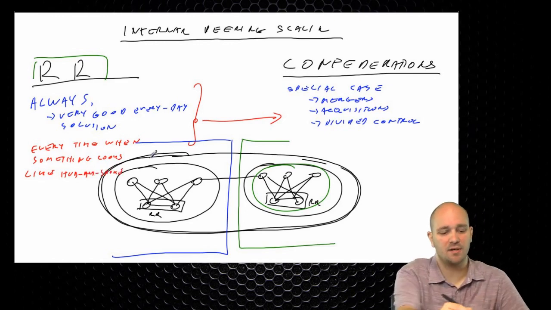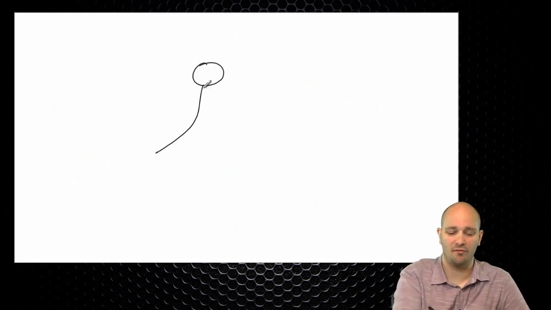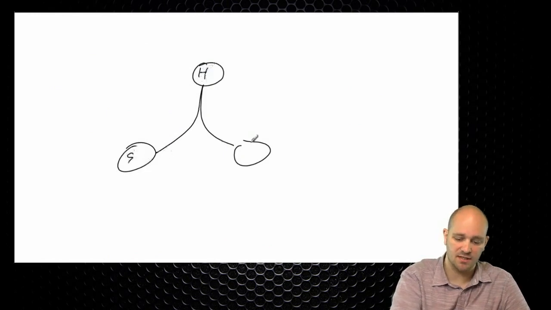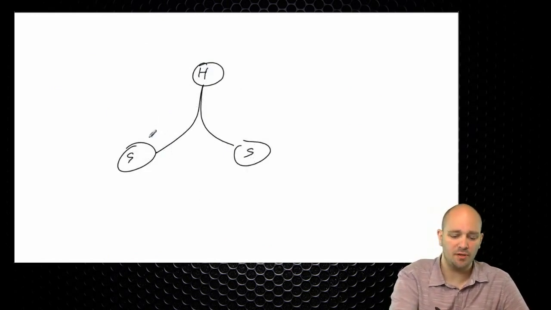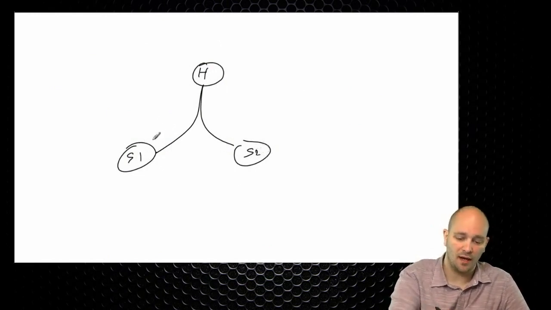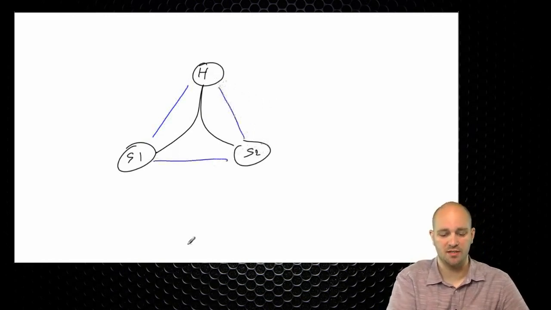Now, what I mean by when something looks like hub and spoke. Let's say that you actually do have a hub and spoke environment, so that this is a physical hub, this is a spoke, this is a spoke, and let's say that this is running frame relay. And they tell you, peer between spoke 1 and the hub, peer between hub and spoke 2, and peer between spoke 1 and spoke 2.